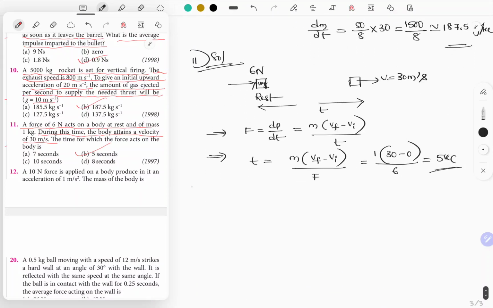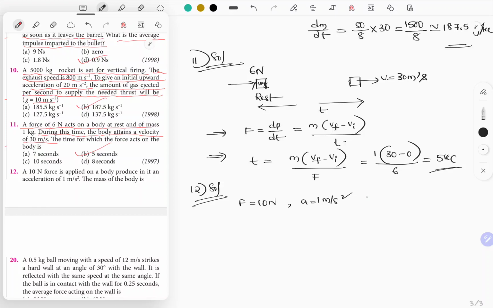Next, question number 12. A 10 newtons force is applied on a body to produce in it an acceleration of 1 meter per second. So F is equal to 10 newtons applied on a body, acceleration is equal to 1 meter per second square.